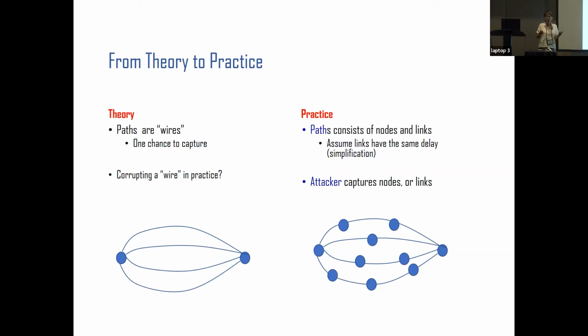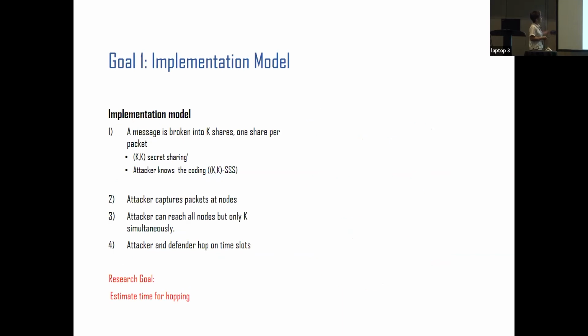Then the question is where the attacker is going to compromise the network. Is it going to be on the nodes or on the links? This was also a discussion we had to have. So we ended up with a model like this. We started with a very basic encoding of breaking the message into K shares, using a K-of-K secret sharing scheme, and then sending each of the shares on a path.